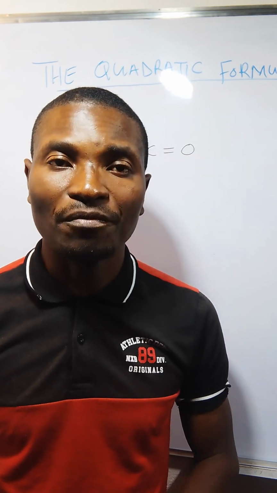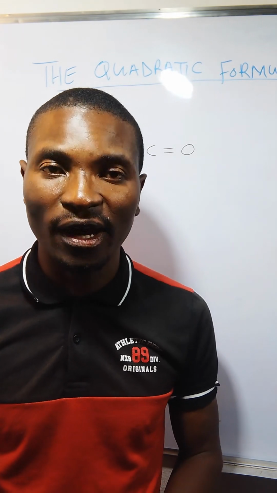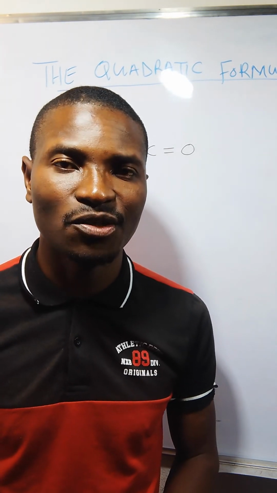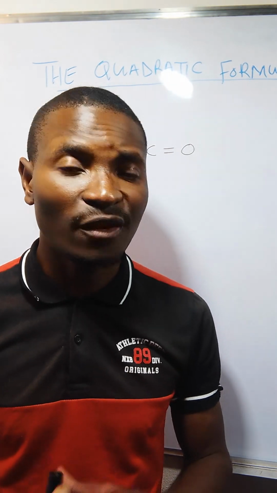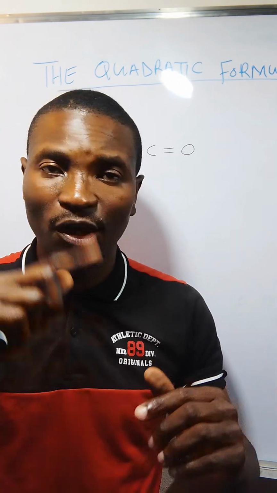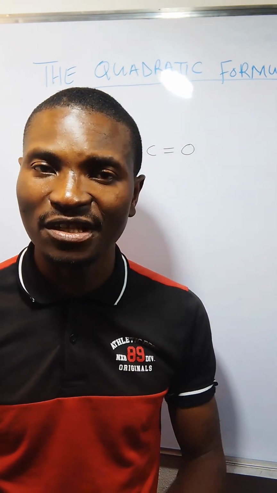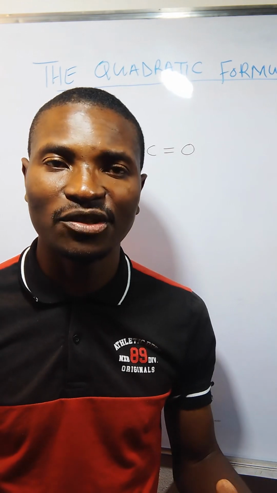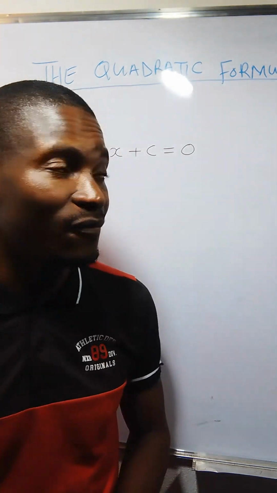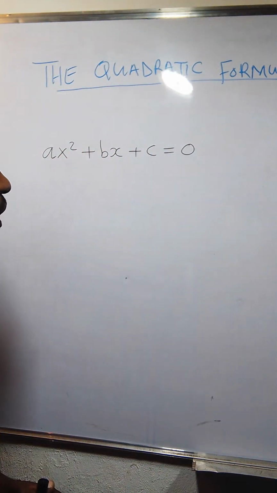I hope you understand what completing the square is all about, or at least have some fundamentals. But if you don't have any knowledge about it, you can check out one of my videos which I posted some time back, exactly about completing the square.